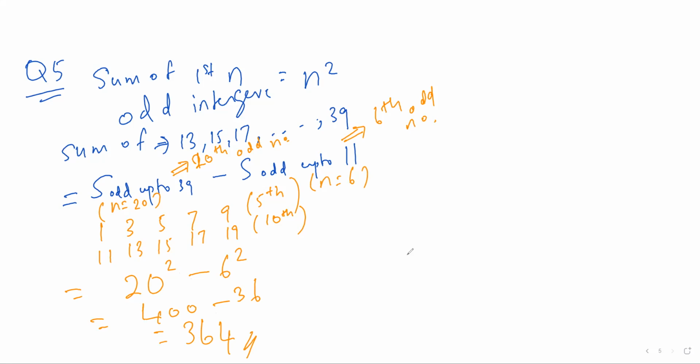So for example, now this is a sequence itself. You don't have to consider what's before that and what's after that. So in this sequence, you know that A1 is 13, AN is 39.